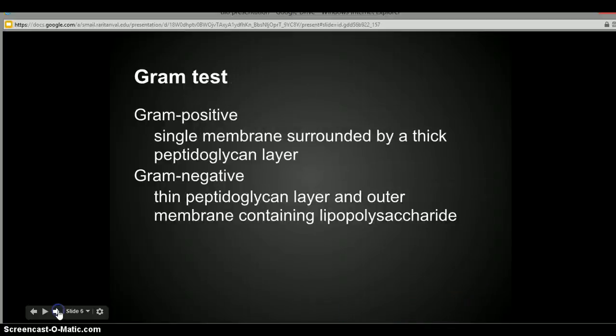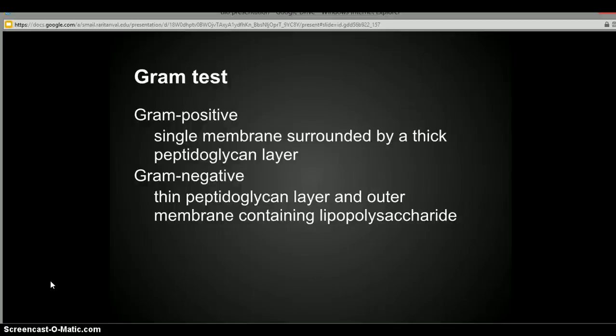So we decided to take a gram test, and for the gram positive, there would be a single membrane surrounded by a thick peptidoglycan layer. However, the gram negative had a thin peptidoglycan layer and outer membrane, and so the outer membrane contained lipopolysaccharides.